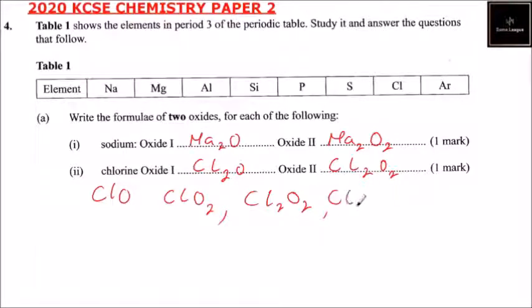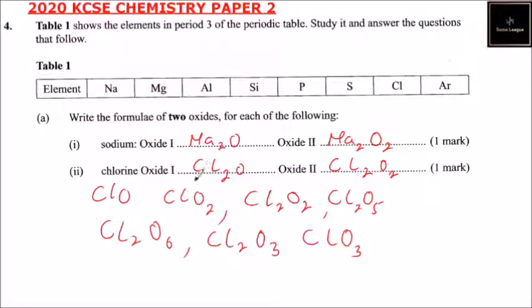Another one, Cl2O5, Cl2O6, Cl2O3, and ClO3. So if you pick any of these two, you should be able to get 2 marks.